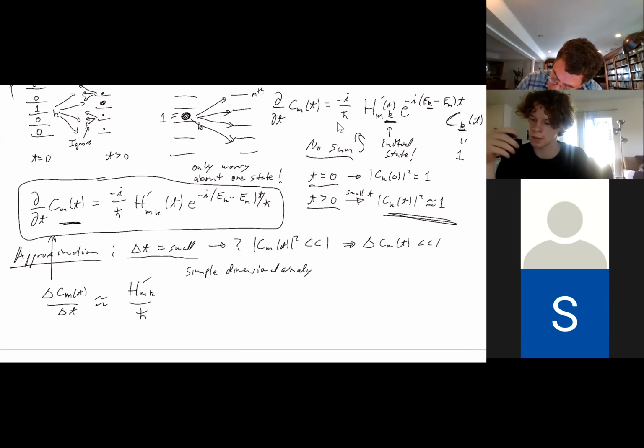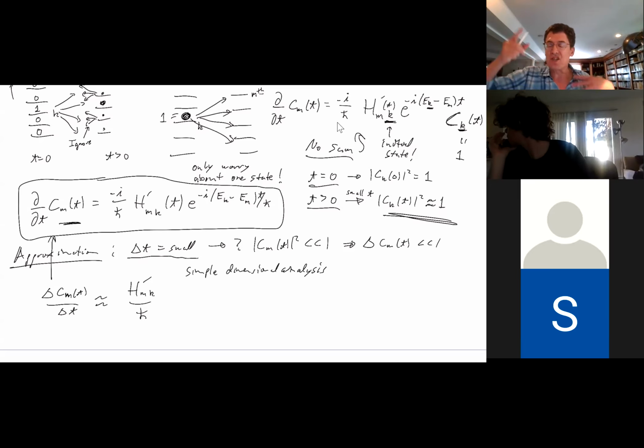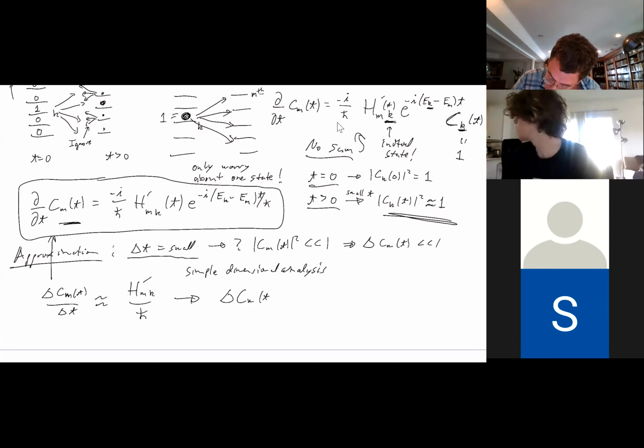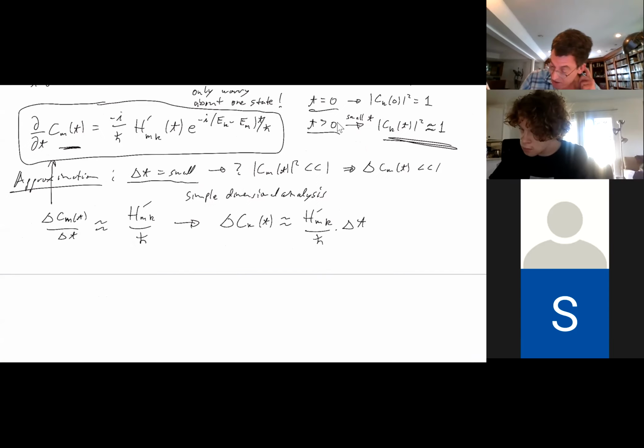Because the size of a phasor is 1, just as a dimensional analysis, we can see that delta Cm of t is approximately equal to h prime mk over h bar times delta t. And so that is our approximation.